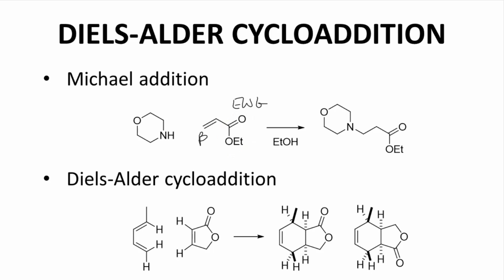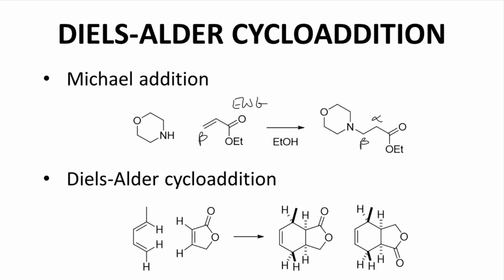There is regiochemistry because the nucleophile will always attack at the beta carbon relative to the EWG. The reaction has an enolate intermediate, and the addition of the proton on the alpha carbon is rarely stereo-controlled. This particular Michael addition would not be a reduction or oxidation.